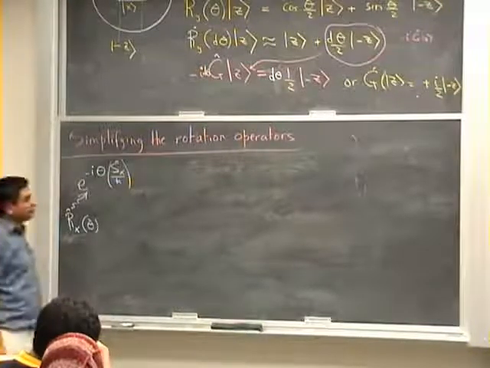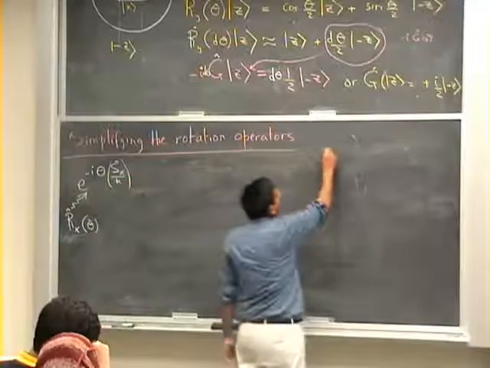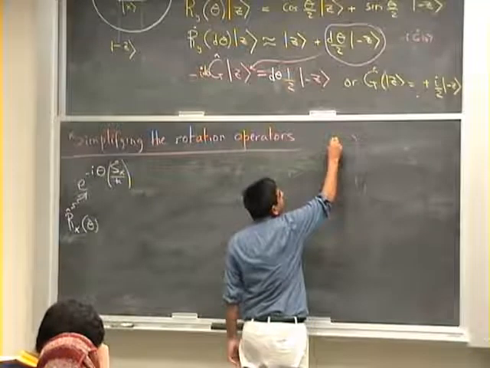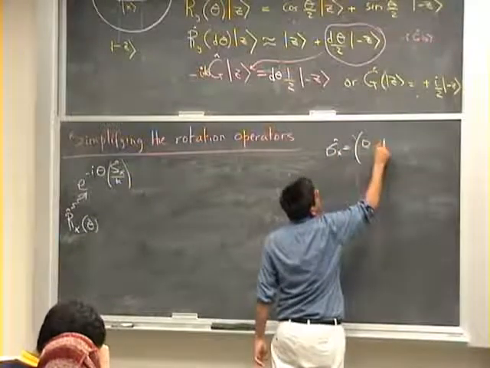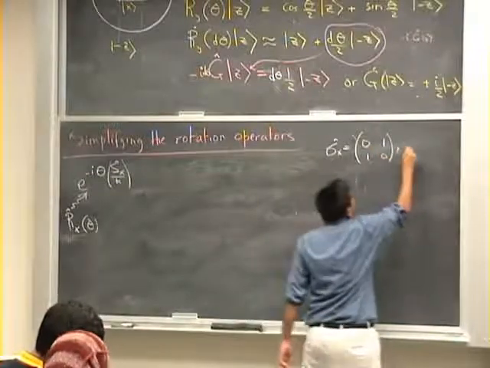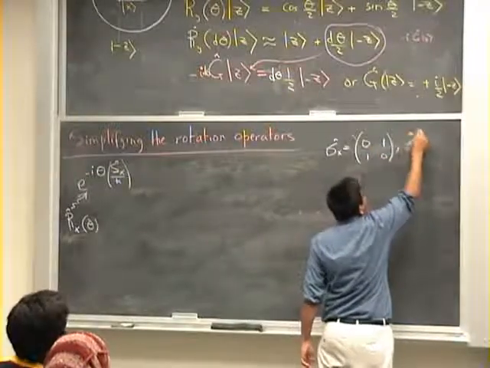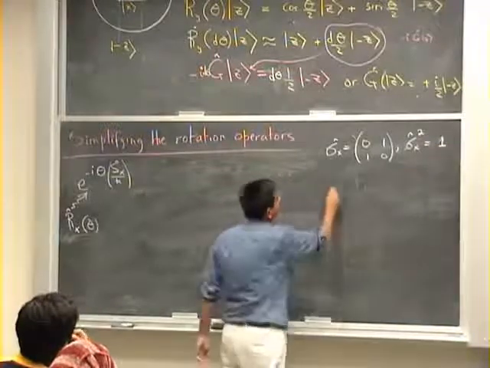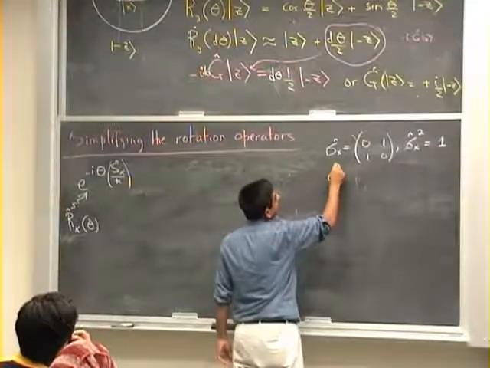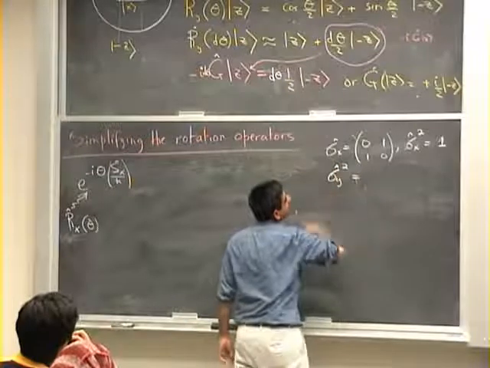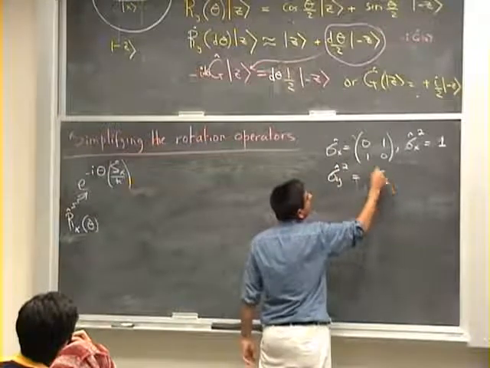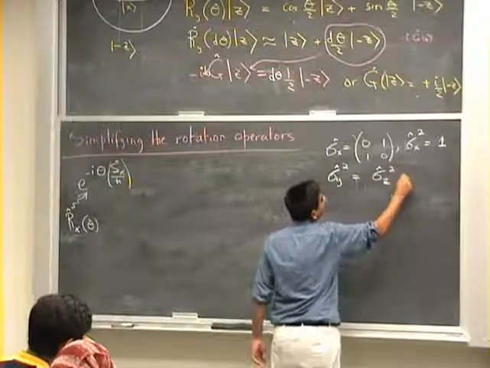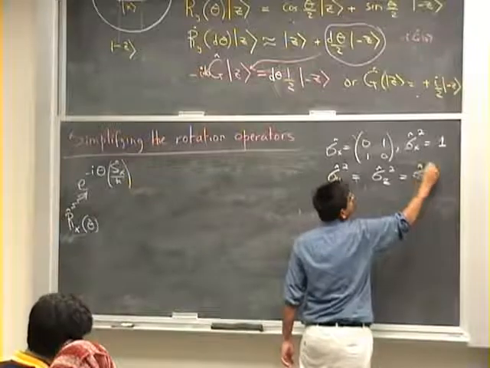Now one thing you would like to observe is that if I take sigma x, which is simply 0, 1, 1, 0, if I take the square of sigma x, it's identity. Likewise, the square of sigma y is identity. The square of all the Pauli operators is identity.